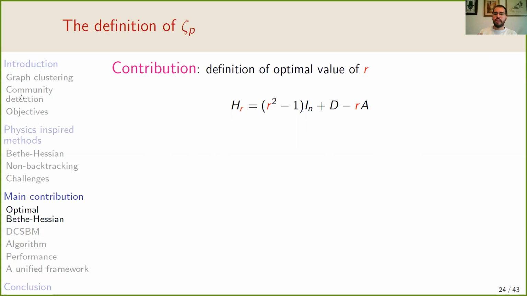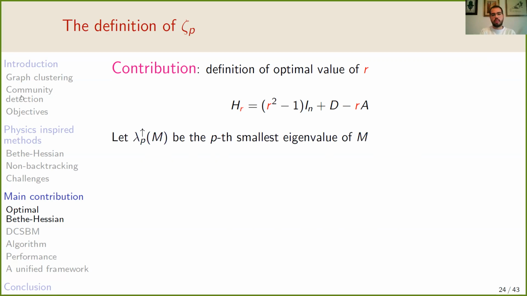Now, the main idea is, what is the optimal value of r at which the matrix H_r should be considered? In other words, what is the optimal temperature at which our problem should be set? Now, the next definition will have a notation which is not very intuitive, but we will walk through these definitions in the next slide a bit more carefully.